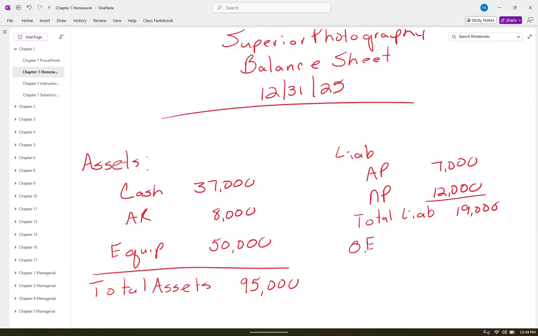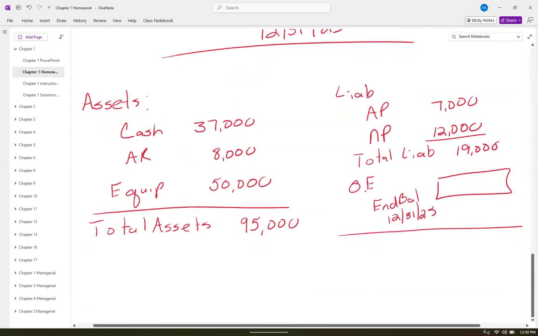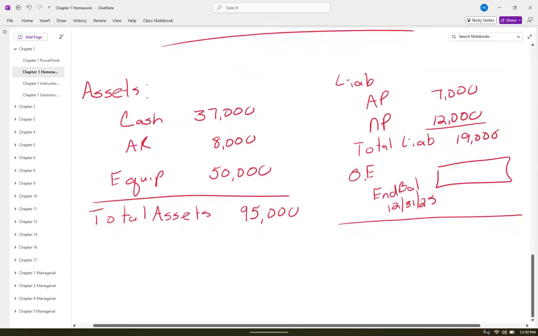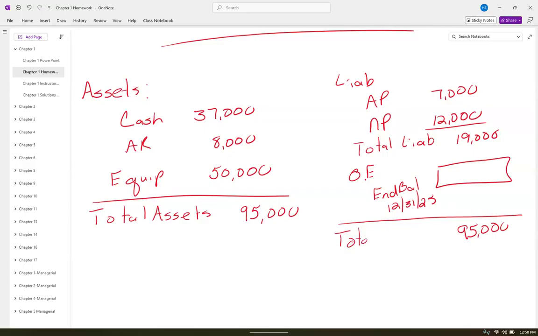What's going to make us balance is that capital account at the end of the period. Okay. So capital 12/31 ending, I'll just do ending balance 12/31/25. Let's draw a box here because we are looking for that. Okay. We know that the total liabilities and equity has to equal 95,000, correct? Okay. So total liability plus our owner's equity has to be 95,000.